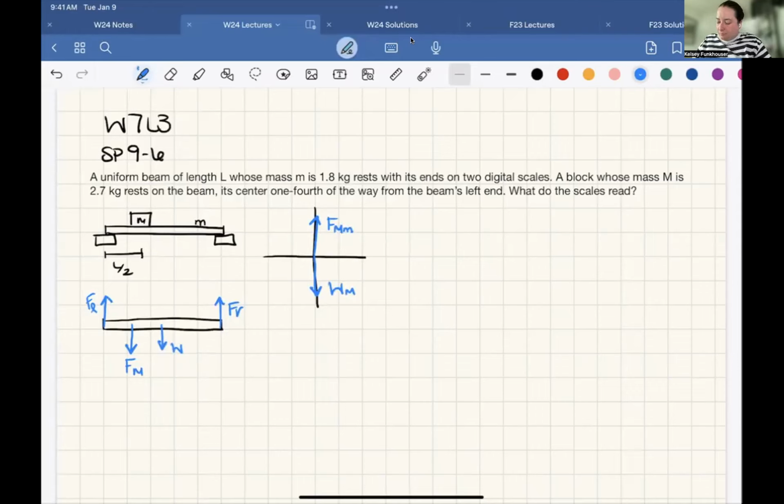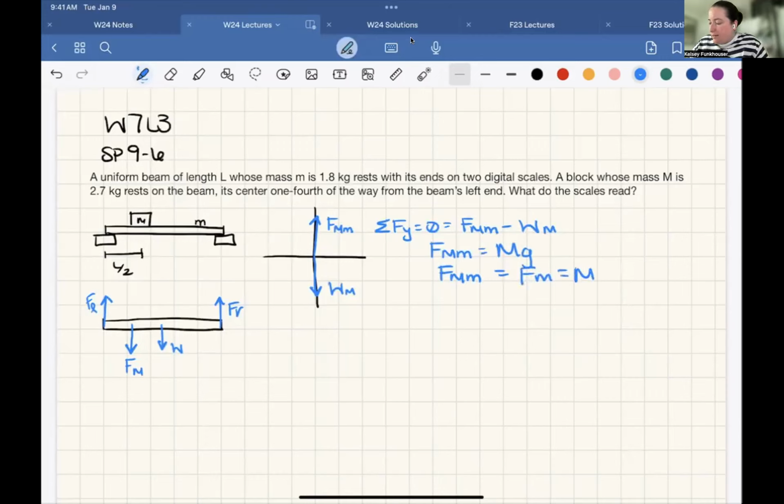And it's not accelerating, 0. So we can say we have this force minus the weight equals 0. So that means that the force from the mass is just the weight. And this F big M little m is also what I'm calling F big M. And so we can just say that as the weight. So just for completeness on the force there.